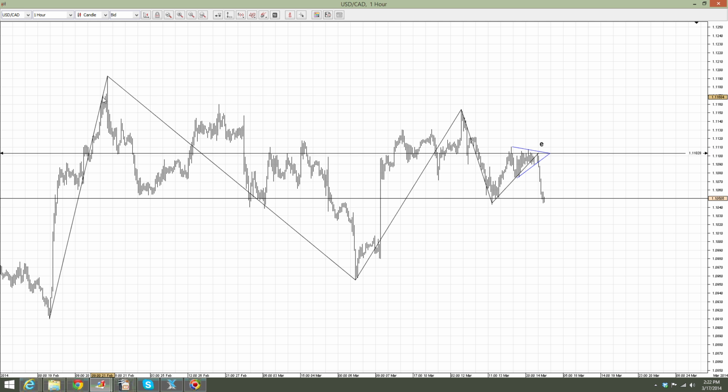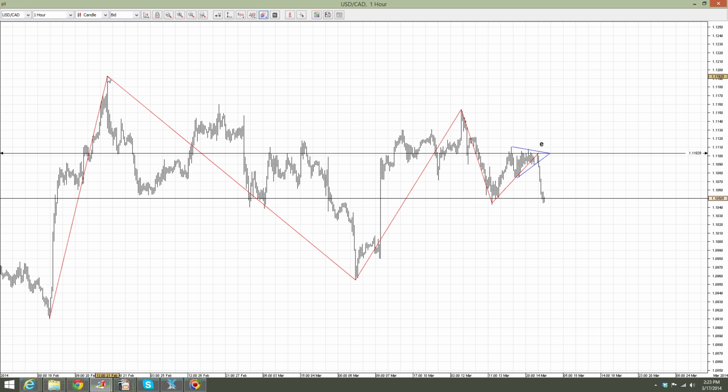Like any triangle, this one travels with a five-wave structure, within the A and C and B and D trend lines. So basically, this should be A, B, C, D, E.